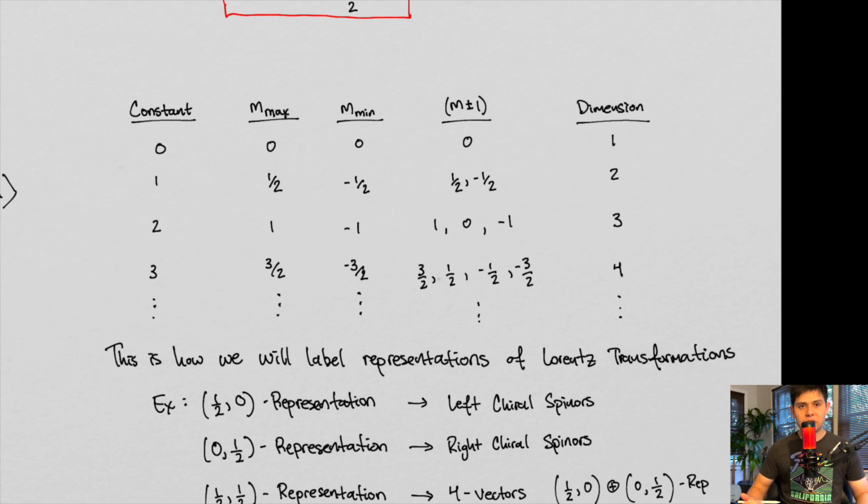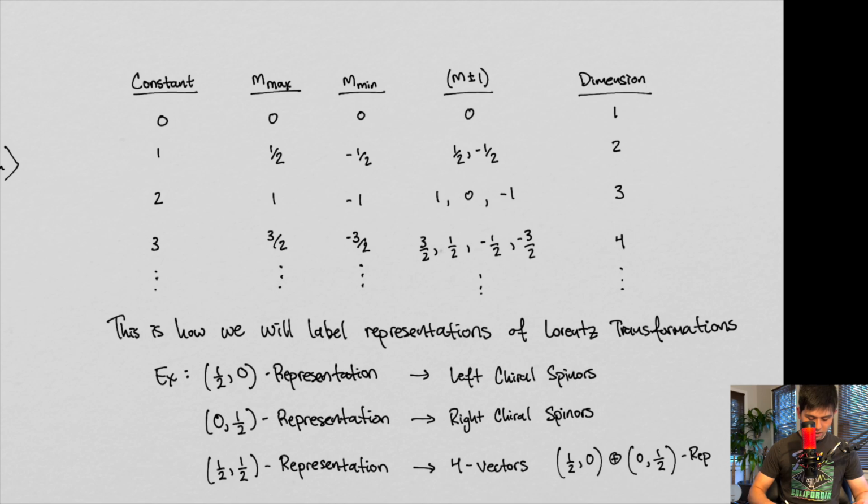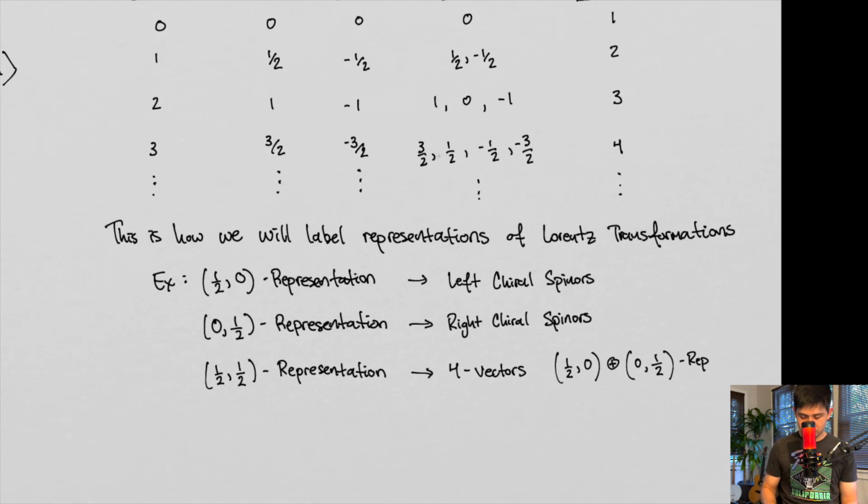The number of dimensions refers to the number of elements within that representation. So we can talk about, say, for example, this is how we're going to label representations of the Lorentz transformation, right? So we're going to have 1/2 0 representation. So we can sort of make sense of what this means now, right?